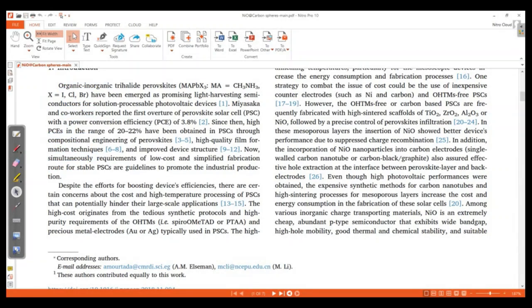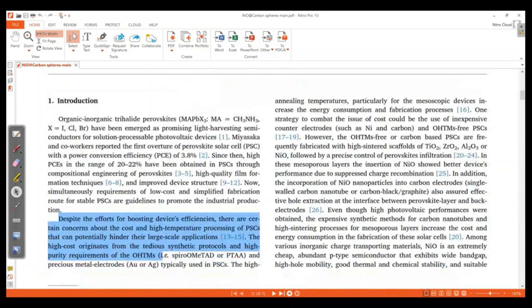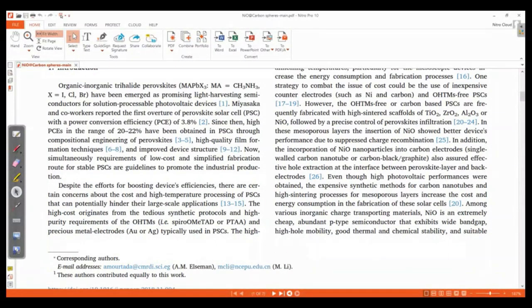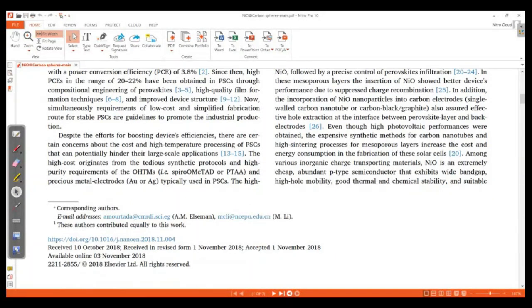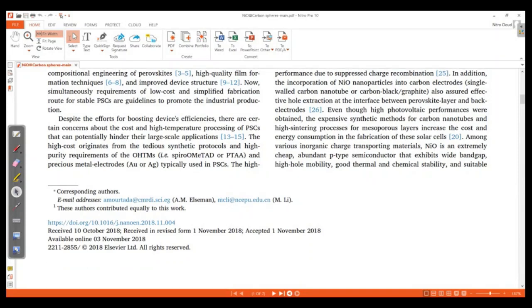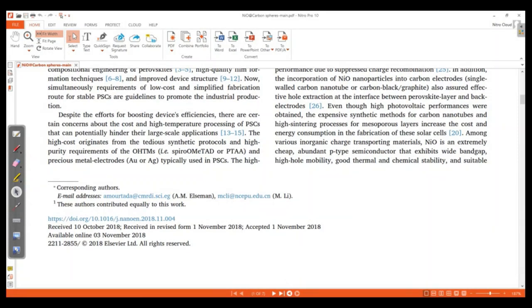Then the remaining questions of the field, or remaining areas which can be addressed in the future, and then some of the work done by other researchers in addressing that question. And then what we have done in addressing that question, and why it was important to do that as compared to the other work.